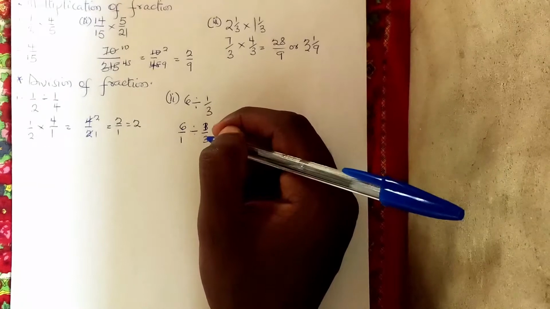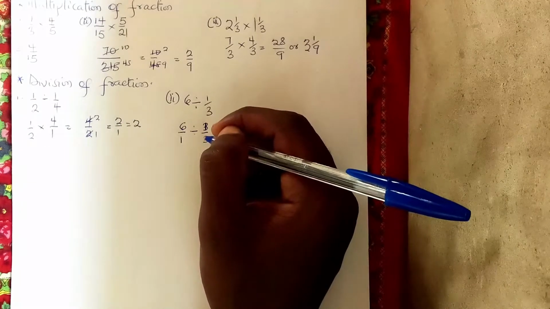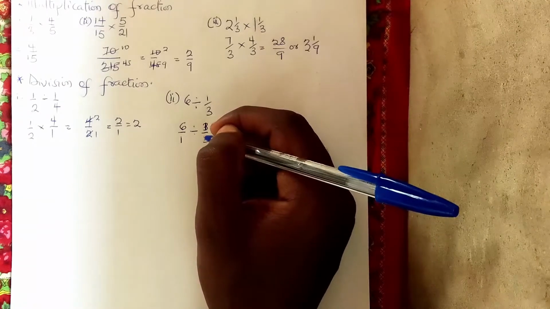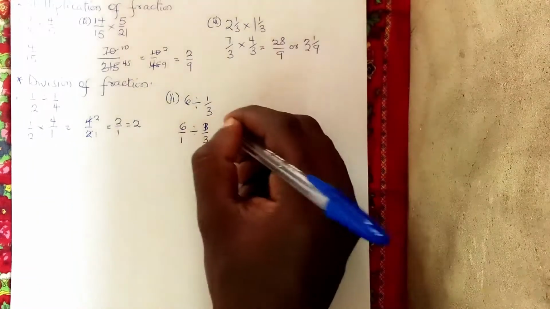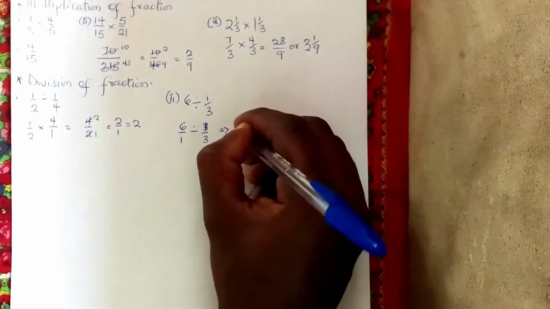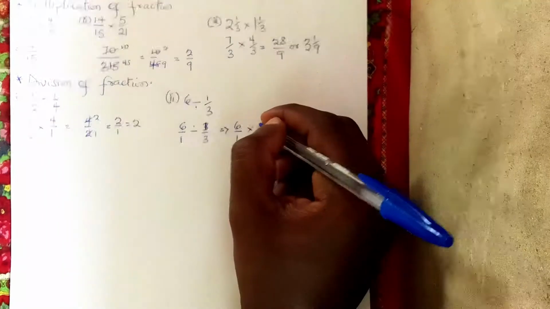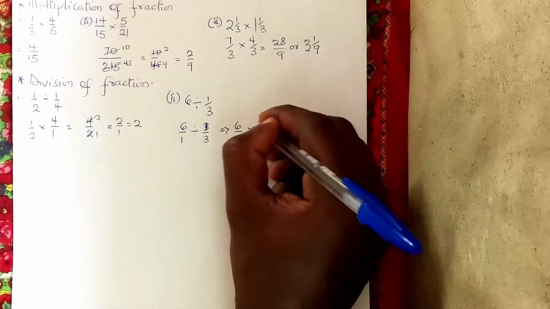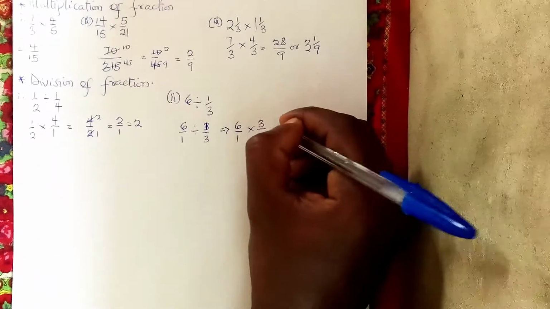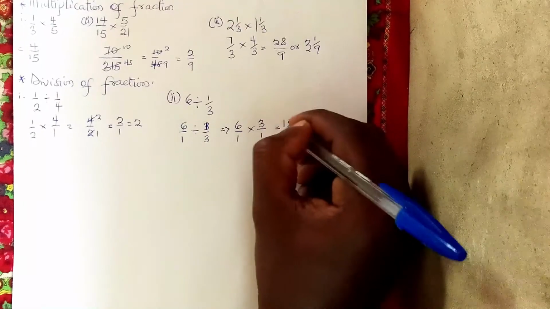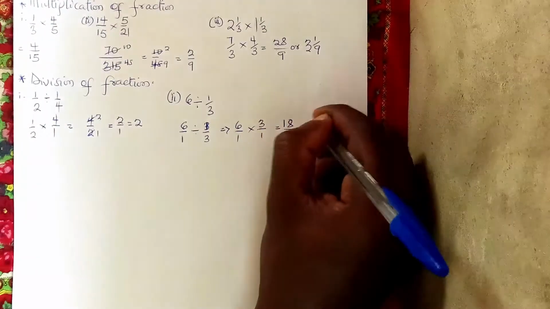What I said, you reciprocate the fraction on the right hand side to change the division sign into multiplication. So 6 over 1, reciprocating the one on the right hand side, we have 3 over 1, which gives us 18 over 1, equals 18.